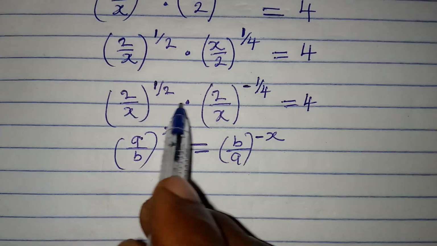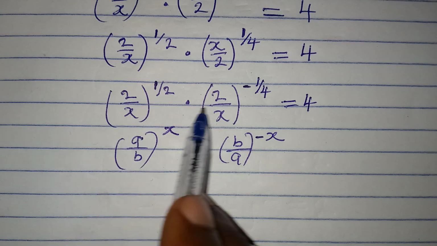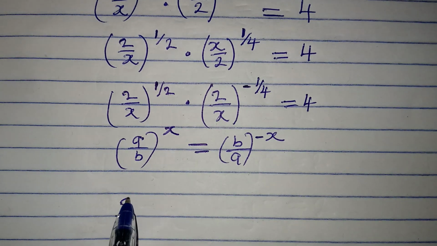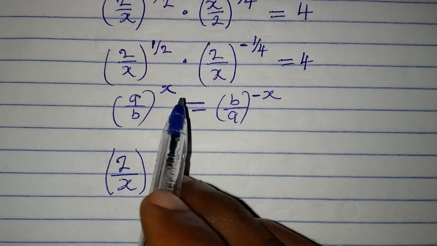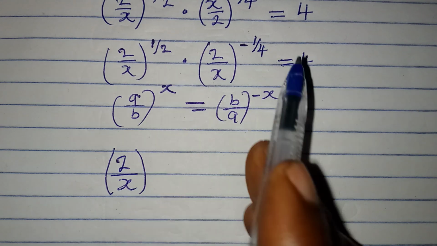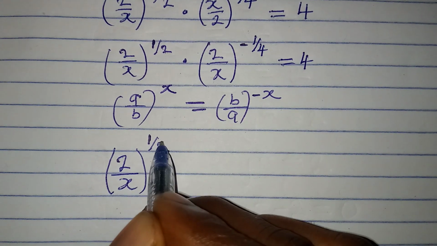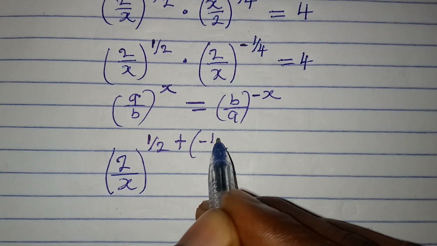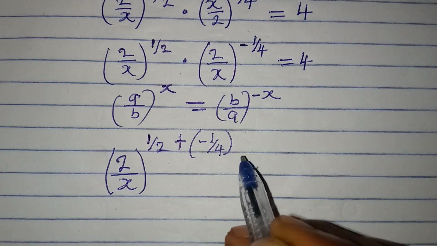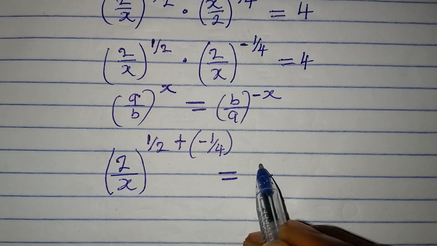Now take a step from here. I have 2 over x and 2 over x as the base. I'll pick one of them, 2 over x, and then I'm going to add the powers because we are multiplying. So I have 1 over 2 plus, open bracket, negative 1 over 4, and the whole of this is equal to 4.